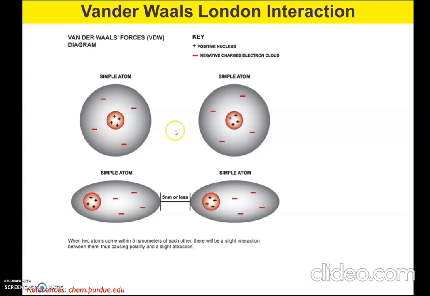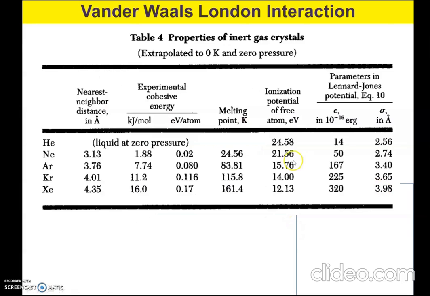When such atoms come close to each other, there can be polarization of the charges, and this might lead to a slight attractive potential between the two atoms. Okay, and these van der Waals interactions are generally weak compared to the other bonds, and so they are reflected by the low melting points of these stable atoms.